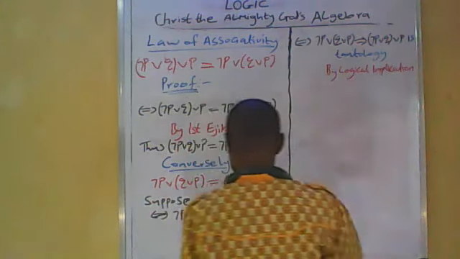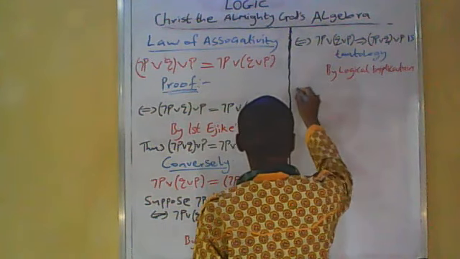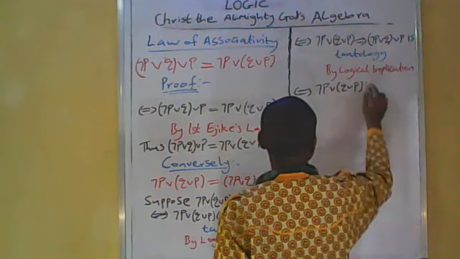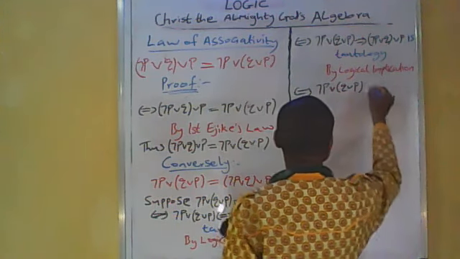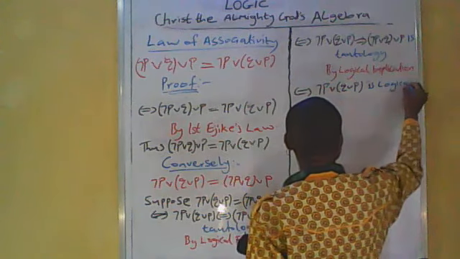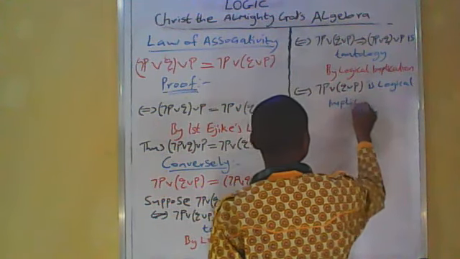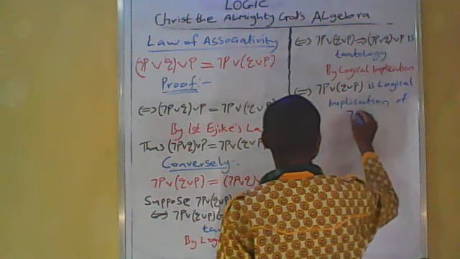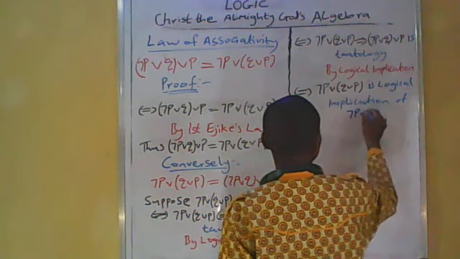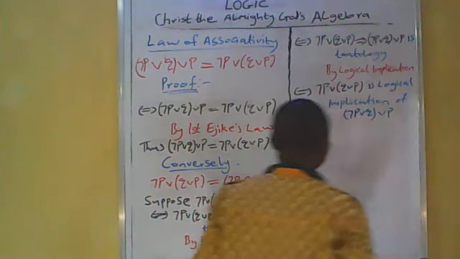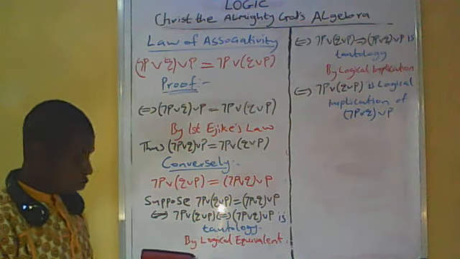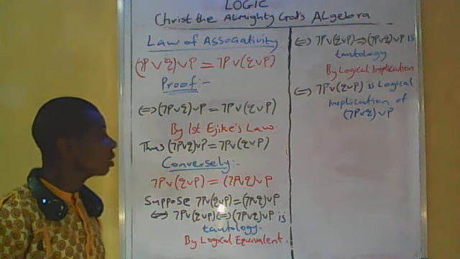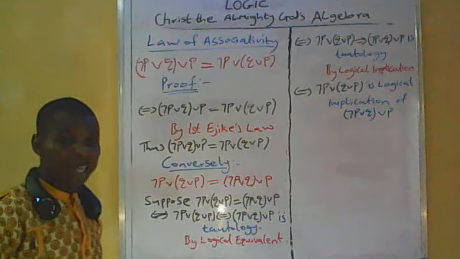Since this is true, we say that if and only if not P or (Q or P) is a logical implication of (not P or Q) or P. That means it is certain that not P or (Q or P) exists.